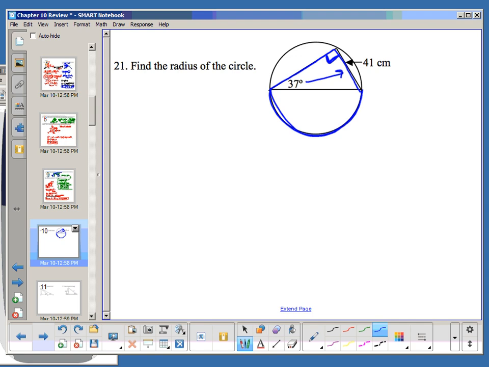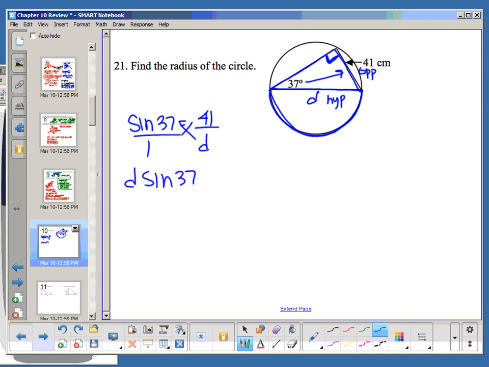And that's the important part because now I can use right triangle trig. So I want to find the radius. I'm going to have to find the diameter first. So we'll call that D. Man, I'm getting sloppy. All right, DE. So I have opposite and the hypotenuse. So I'm going to use sine of 37 equals 41 over D. Cross multiply. D times sine of 37 equals 41.